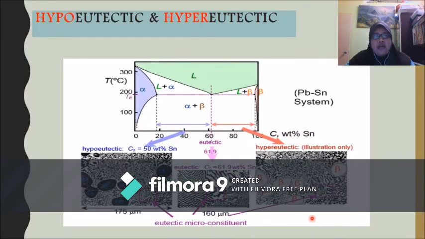Next, we move to hypoeutectic and hypereutectic. The phase diagram must have a eutectic point to have hypereutectic and hypoeutectic alloys.